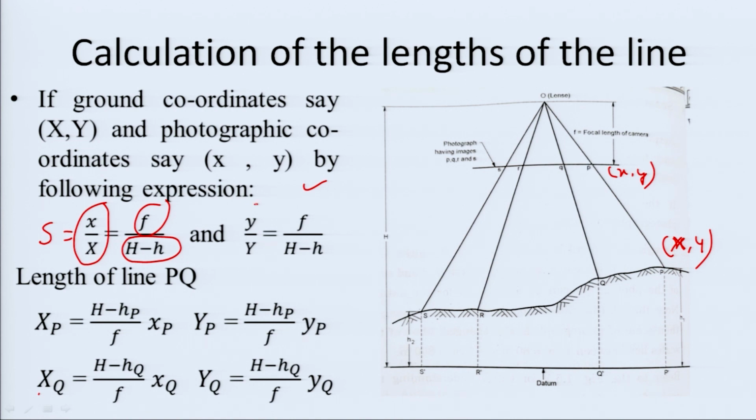Similarly, for the y coordinate we can use this equation: small y upon capital Y is equal to the focal length F upon capital H minus small h.